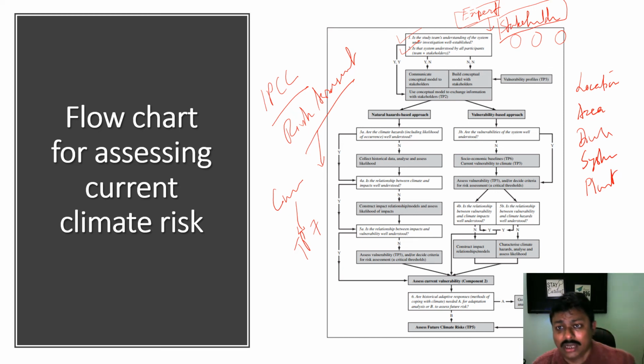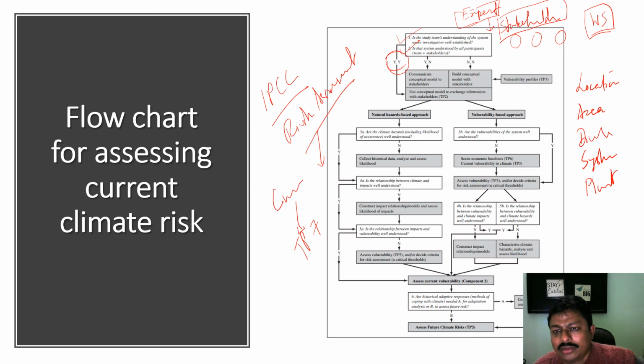That is why they are asking whether the experts have understood the system under investigation. Suppose this is a watershed. The behavior of the watershed must be well understood by the expert as well as the stakeholders of that area. Right? So they are saying that if both have well knowledge about that system, then what will happen?